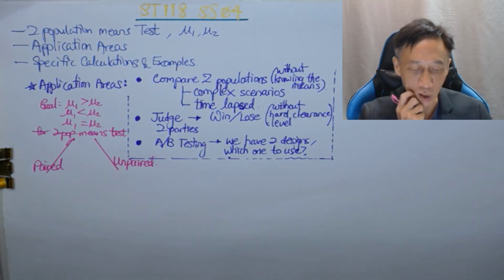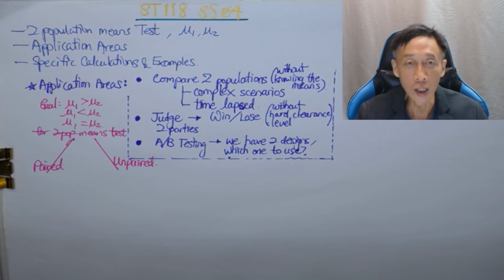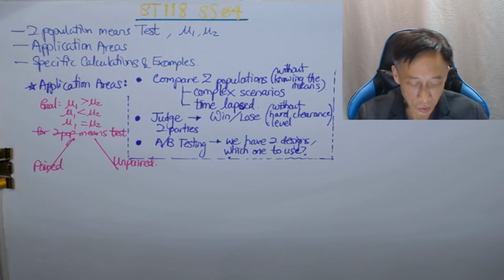If you are the problem solver, you have to start thinking, is this problem involving paired tests, or should I use the unpaired test set of tools and formulas and calculations? So they are very different. Even writing the hypothesis is different.